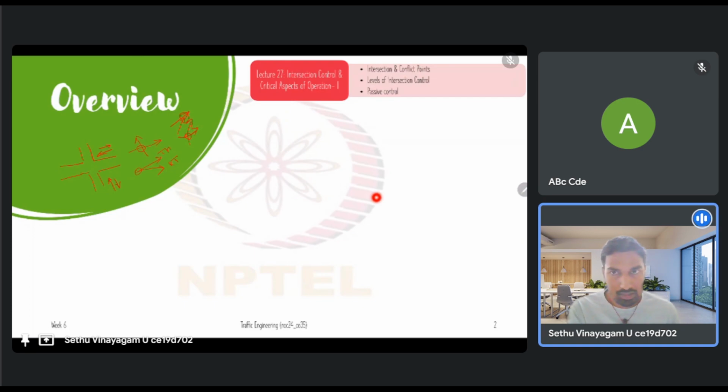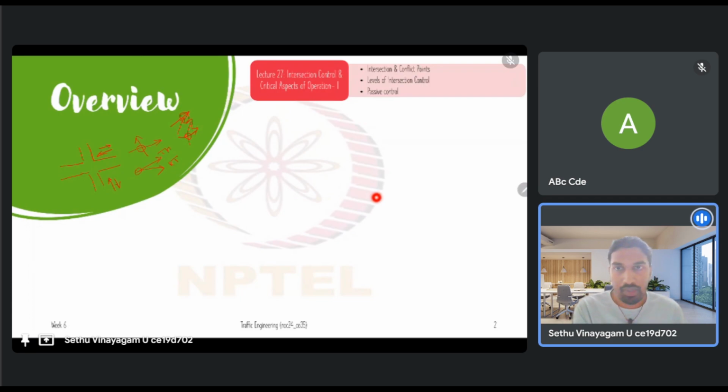At intersections, depending on how the traffic movement happens, any of these kinds of conflicts can occur. That's why conflict points are dangerous conditions; they can lead to accidents. So we need to control the movement of traffic at these intersections to increase the safety of the traffic.